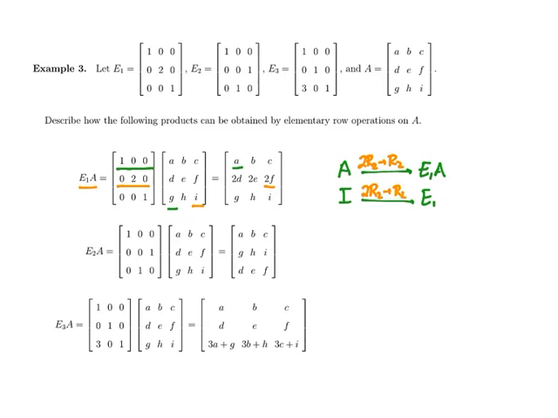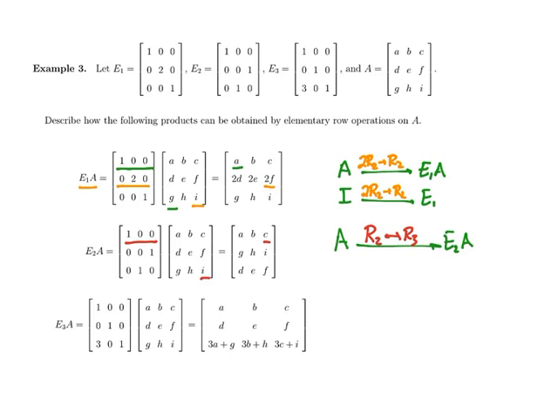Let's do the same thing for E2. It's going to be the same idea here, that if we go from A into E2A, all we're doing is taking the second row and switching it with the third row. And again, if you go through all 9 of the calculations, taking a row times a column, you get the entry out, and you would get the matrix associated with that elementary row operation.